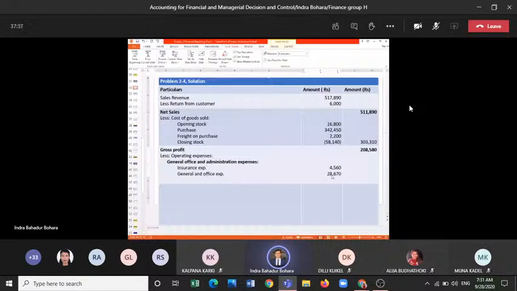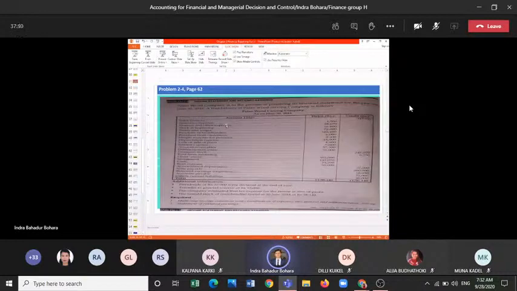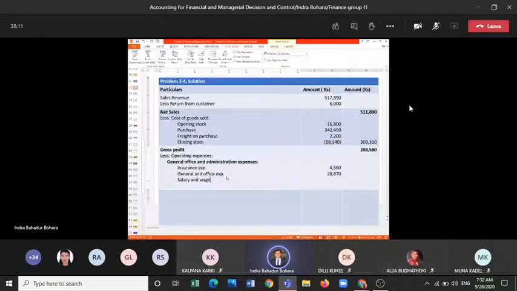Another is salary and wages, 72,000. Stock, purchase, return, and freight on purchase are finished. Another is depreciation expense, which I have told you is 18,000.